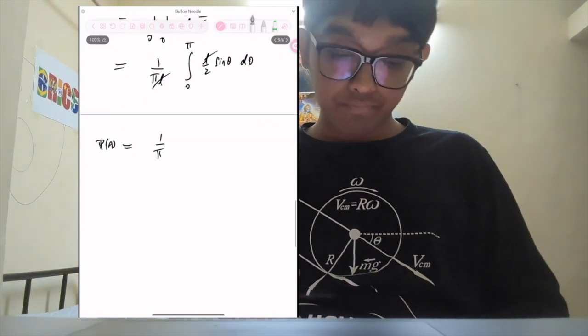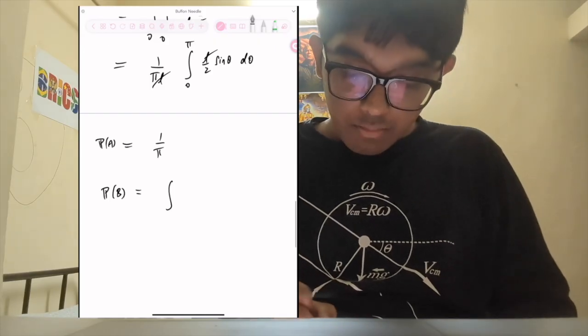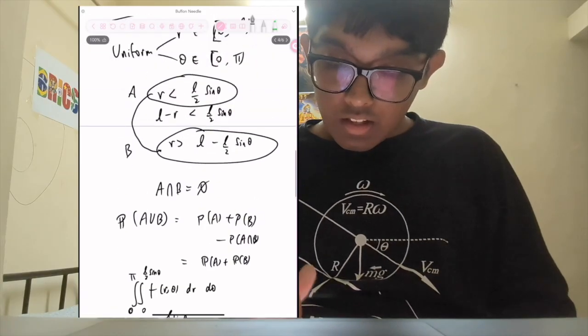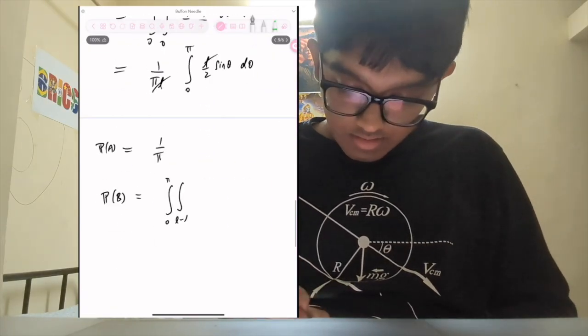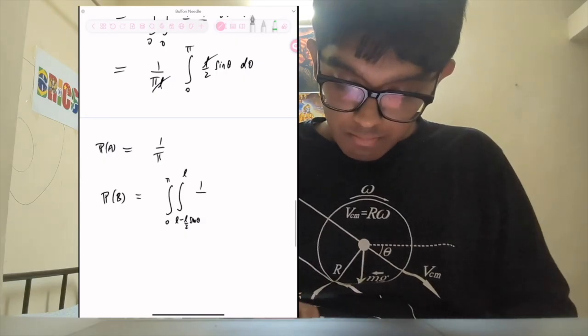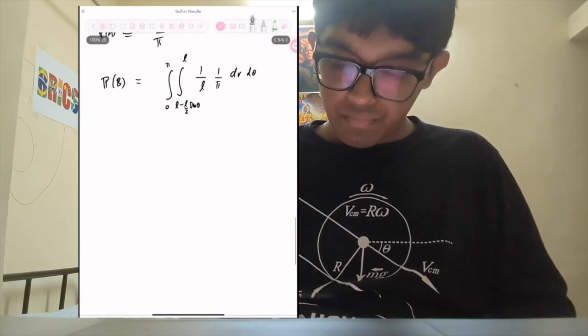Now, well, let's calculate the probability of event B. That would be integral from 0 to pi, integral from L minus L by 2 sine theta to L, 1 by L, 1 by pi dr d theta.